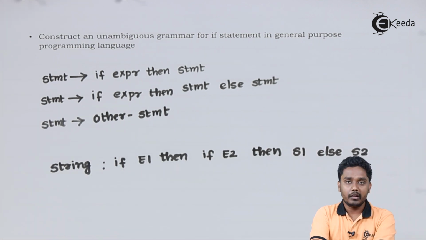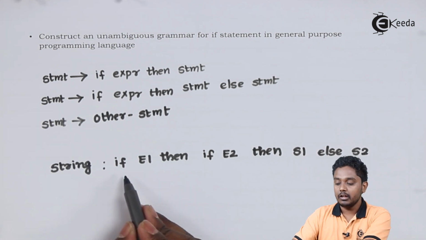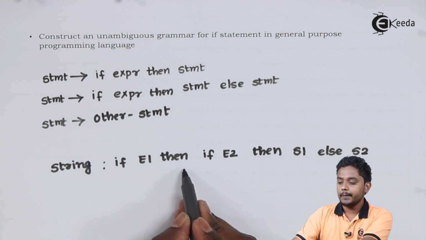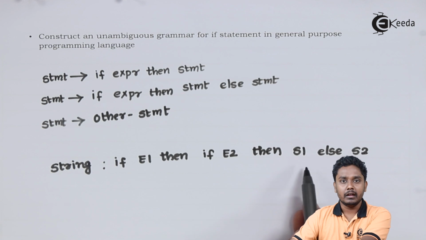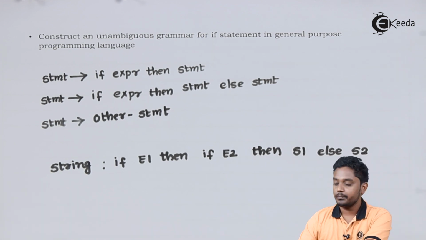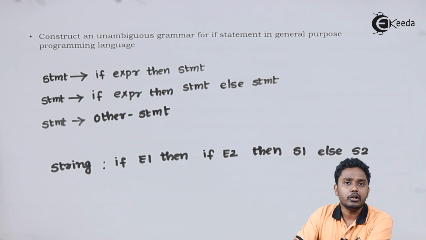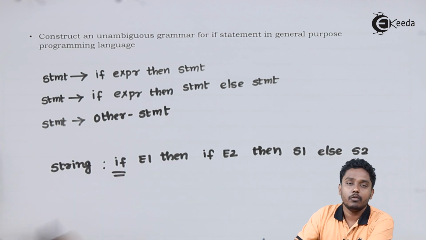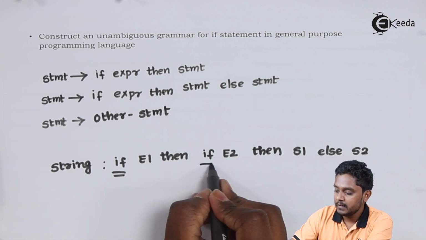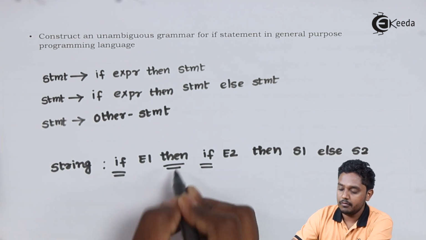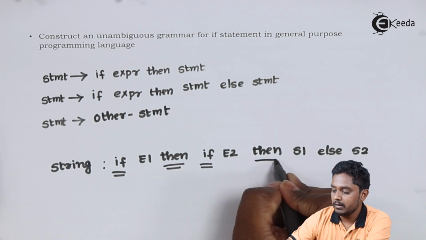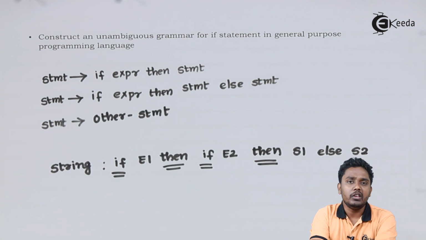The string that we are selecting for parsing is: if expression 1, then if expression 2, then S1, else S2. There are two ifs, one over here, the other over here. There is then, one over here, the other over here. For these if-then pairs, there is one else.